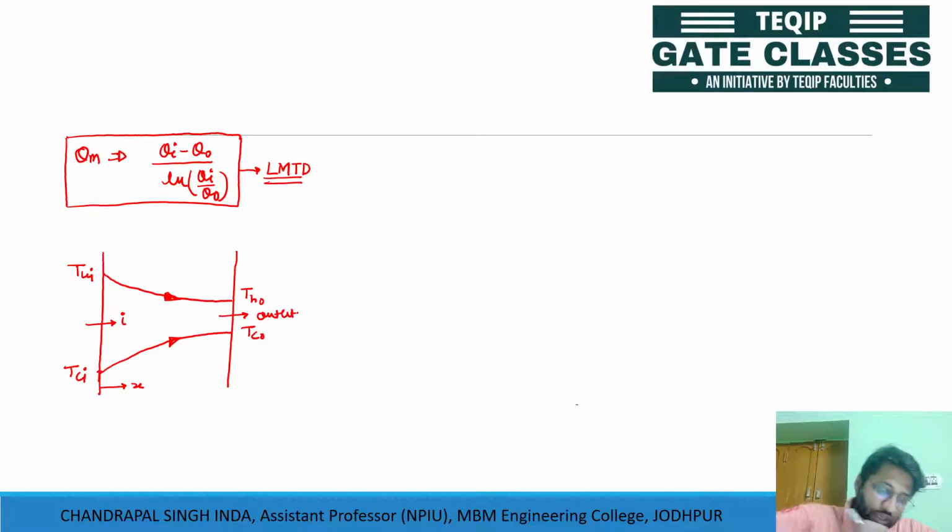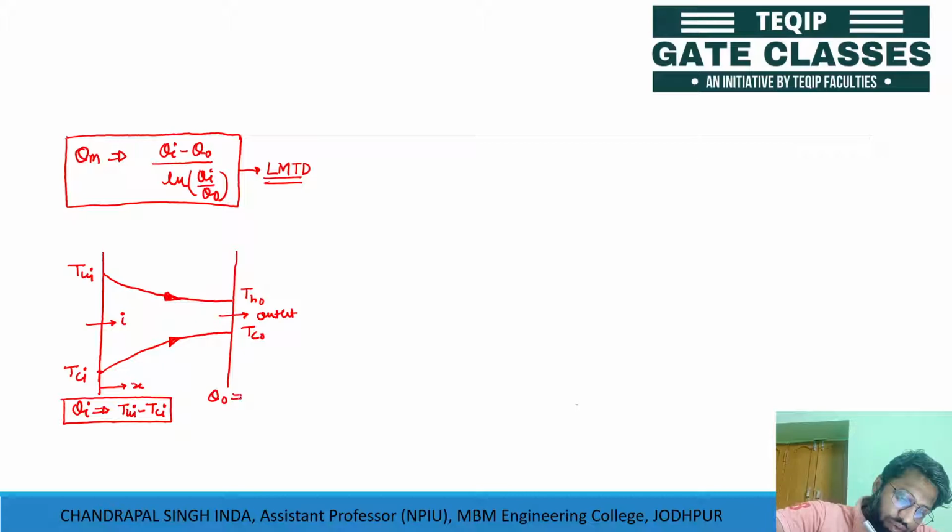So theta inlet is the temperature difference between the hot and the cold fluid. Here theta inlet will be T hot inlet minus T cold inlet, and at the outlet, theta outlet will be the temperature difference T hot outlet minus T cold outlet.